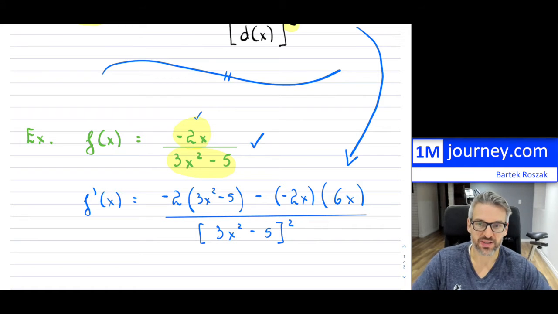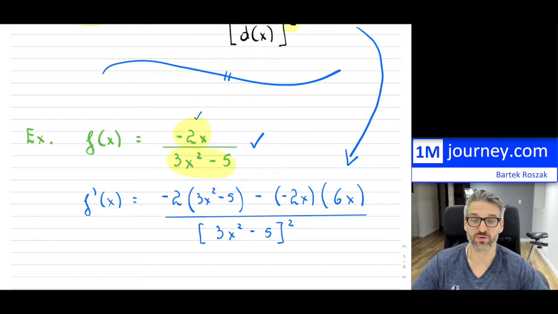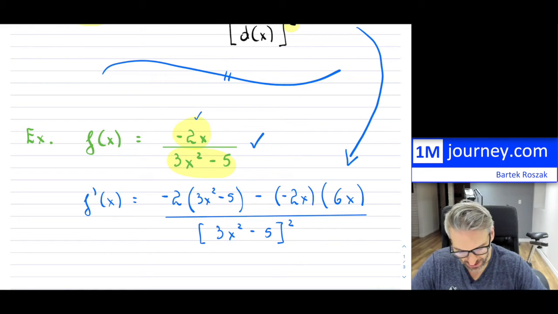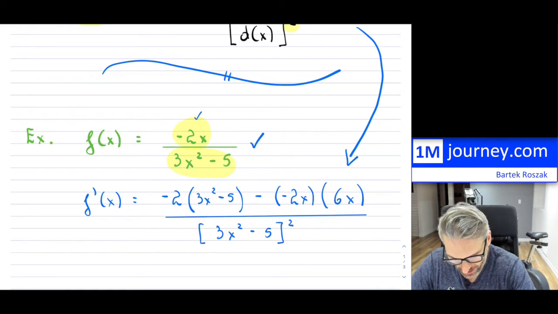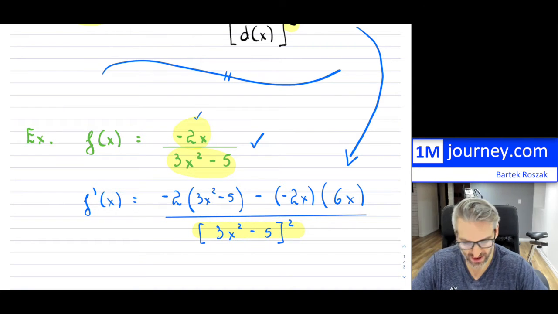Now, sometimes teachers will ask you to actually provide the domain for the derivative, and that's a little bit different. If you had to provide the domain, then indeed you have to do a little bit of work. So for instance, in terms of the domain for this derivative, I would have to worry that my denominator right here is not equal to 0.